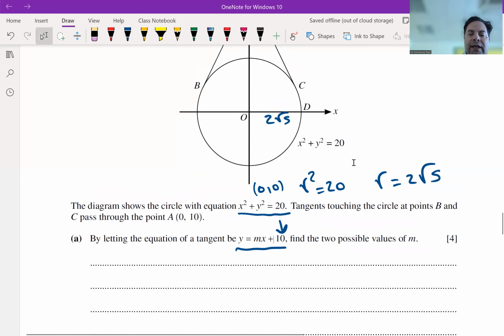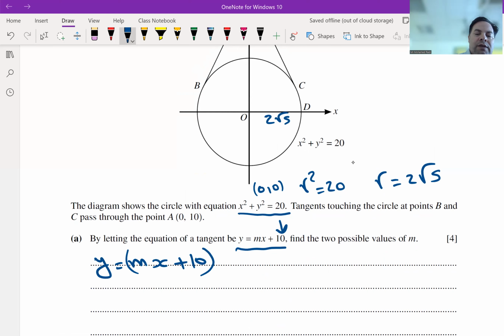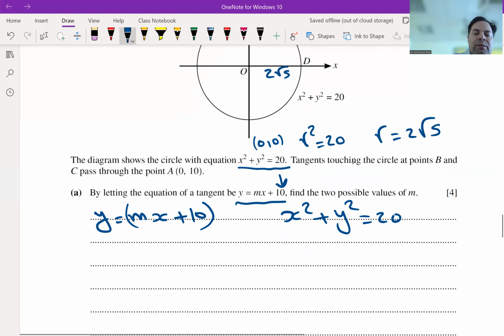The line and the circle touch. This means the discriminant of the common equation will be 0. Solve the equations simultaneously. The first equation, first degree, mx plus 10, is already y subject. Use the substitution method in x squared plus y squared is equal to 20. Remove y and write mx plus 10.